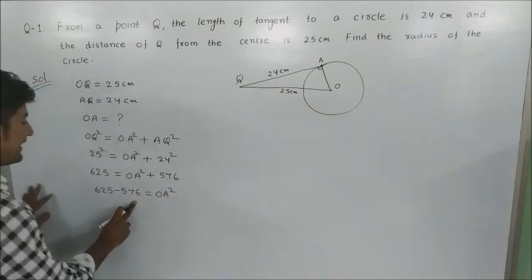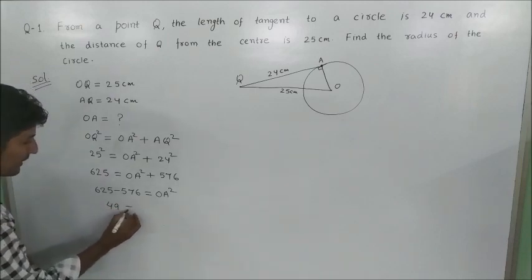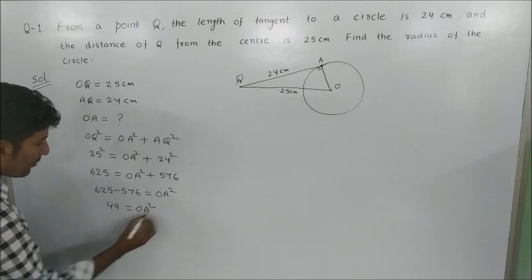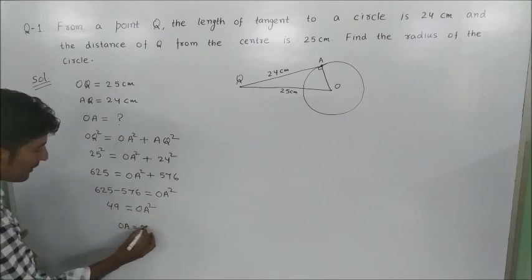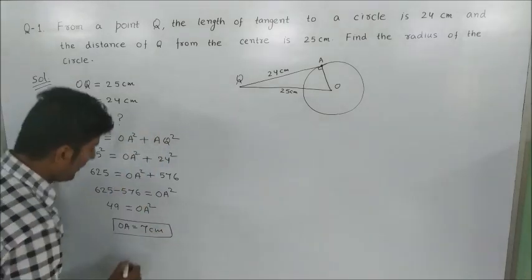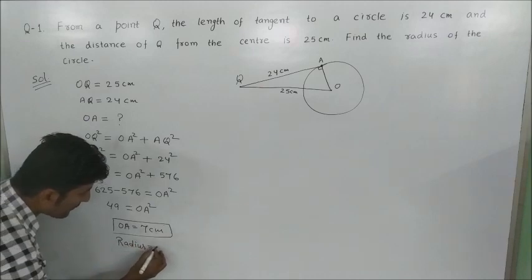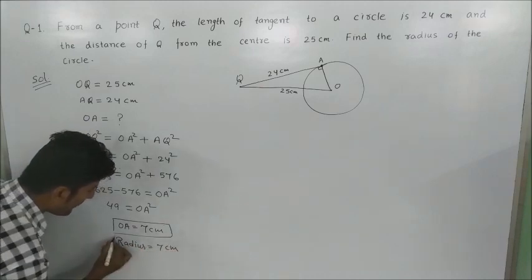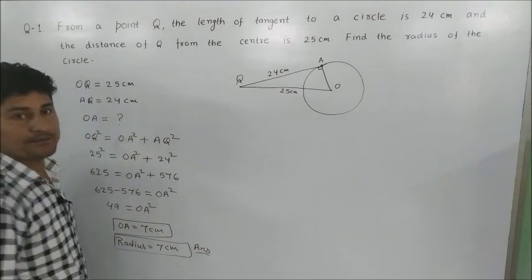Now we subtract these two, then we have 49 equals OA square, or we can say the value of OA will be 7 cm. Hence the radius of the circle will be 7 cm. So this is the solution of this question.